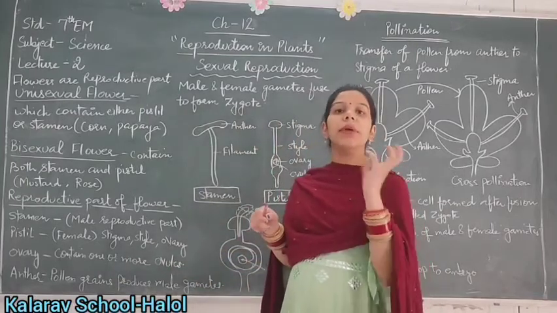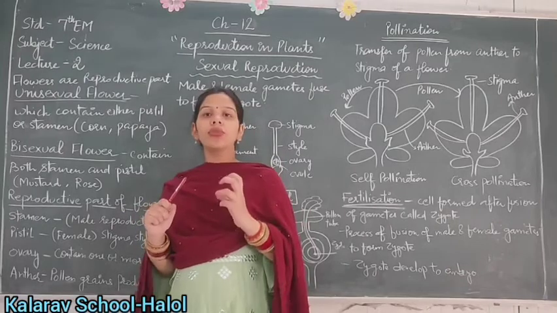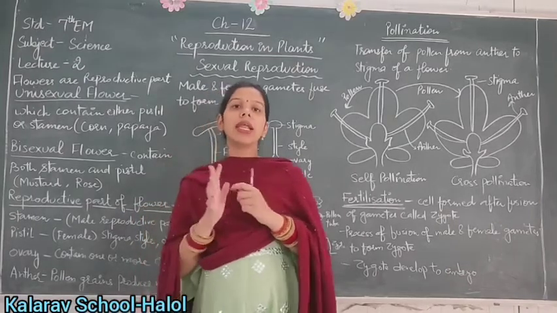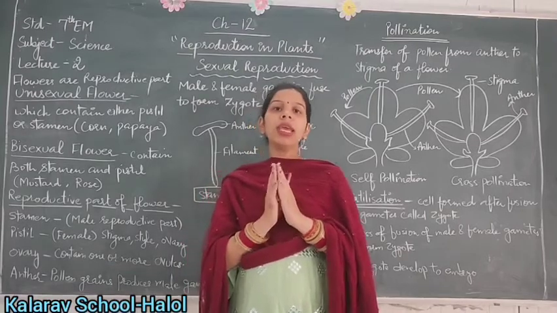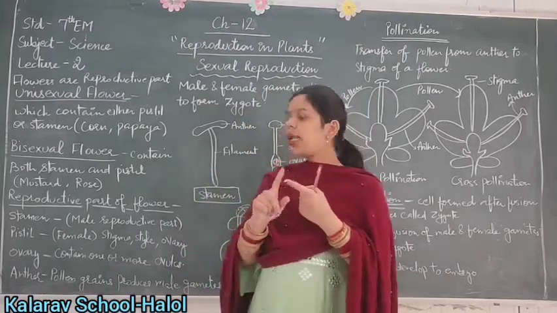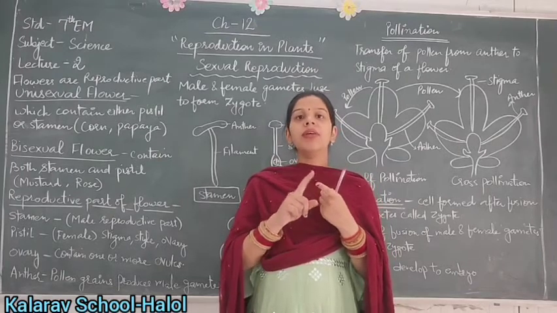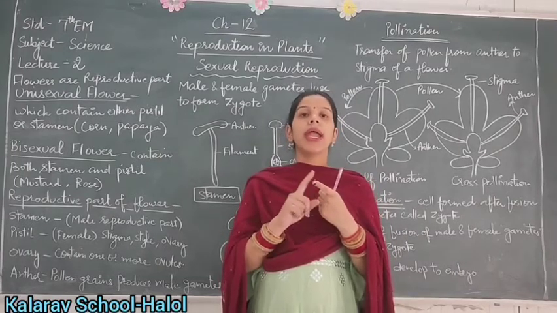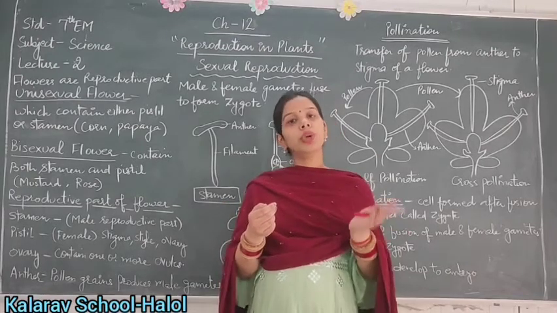Mainly the mature egg produced in the ovary is the ovule. These are the reproductive parts of the flower. Stamen and pistil are both parts of a bisexual flower, and either stamen or pistil is a part of a unisexual flower.